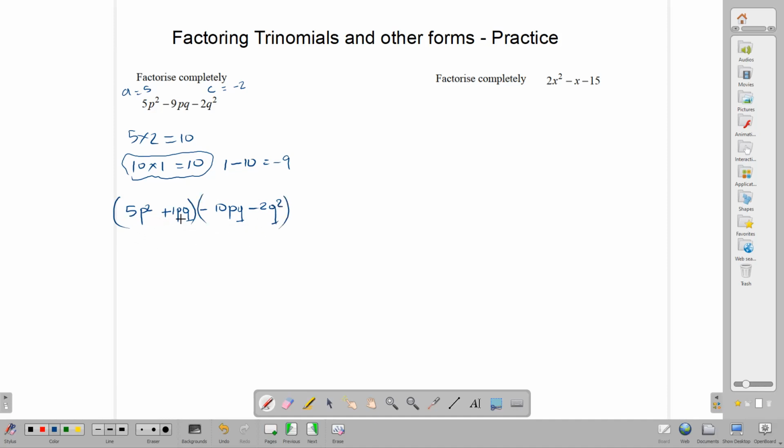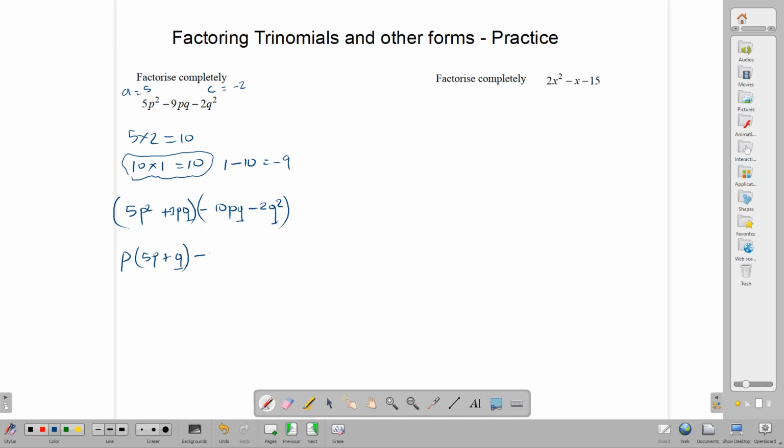The common factor here is p. So we write our factor and we divide. 5p squared divided by p gives us 5p. And pq, remember this is a 1, pq divided by p gives us q. Now, this is a minus, so our factor is going to take the sign of the minus.